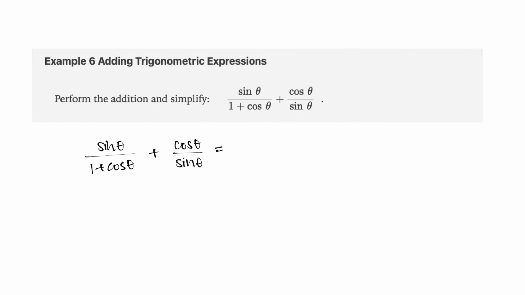And this other option that we could take into consideration is finding a common denominator and combining these fractions into one. Now, the common denominator between these two expressions is going to be just the product of the two. So it's going to be the product of 1 plus cosine theta times sine theta.